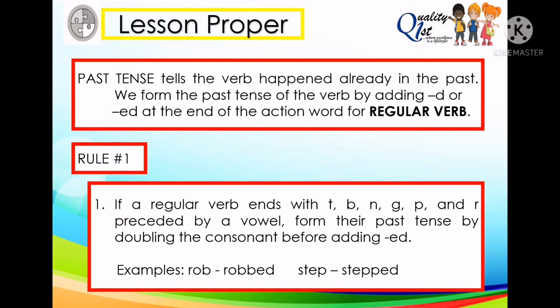Examples: the word rob. When we form its past tense, we double the letter B and then add ed. Okay? Another is step. When we form its past tense, we double the letter P and add ed. And many more. Okay?